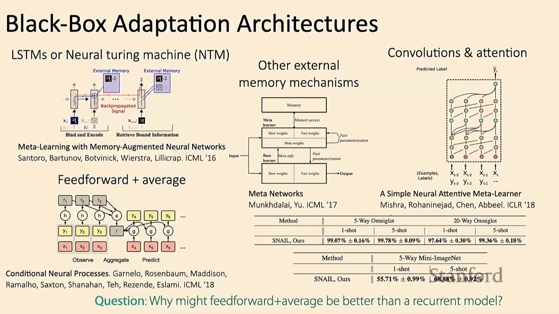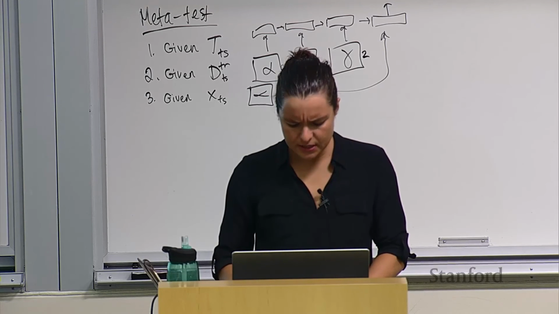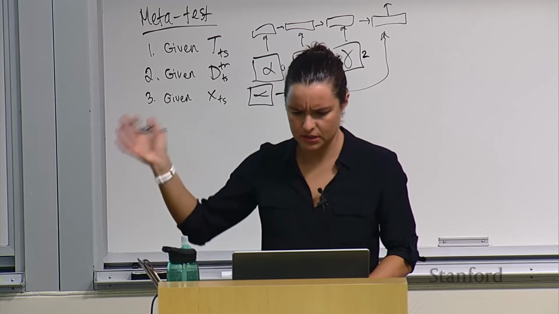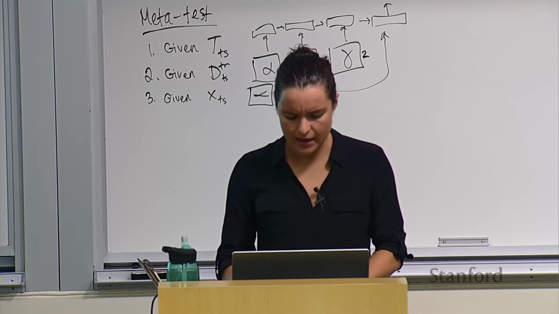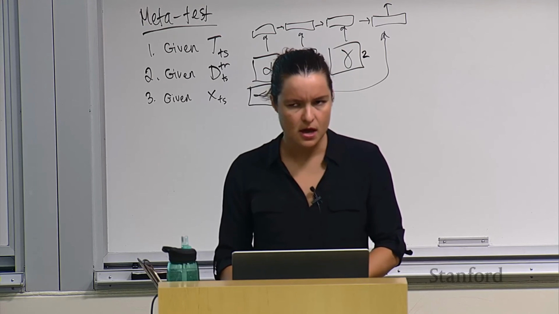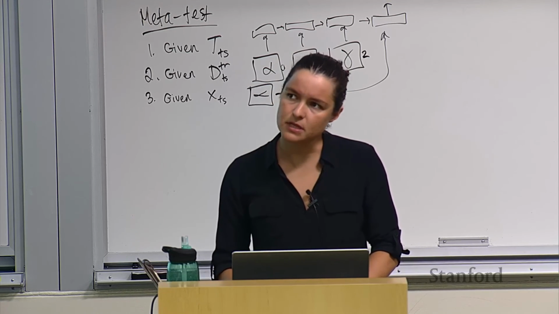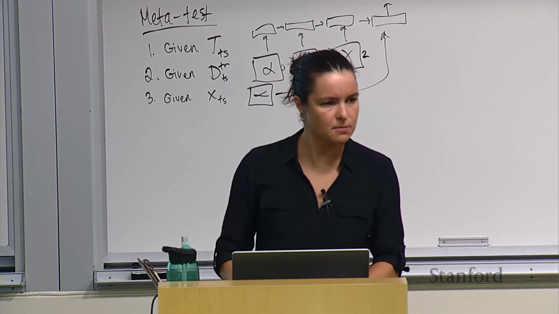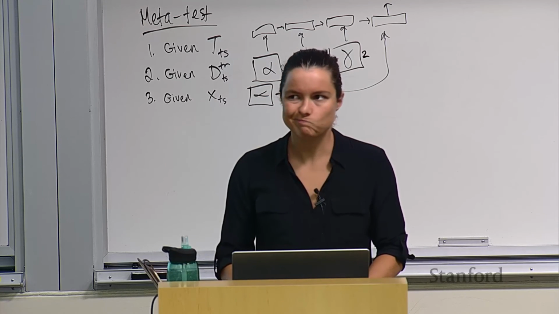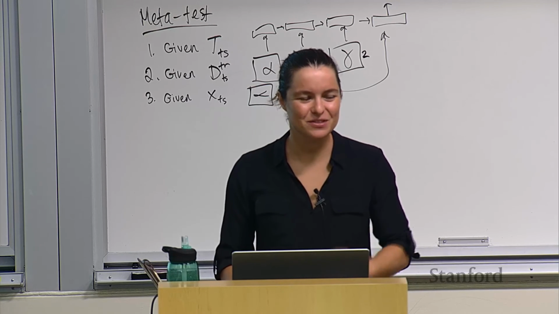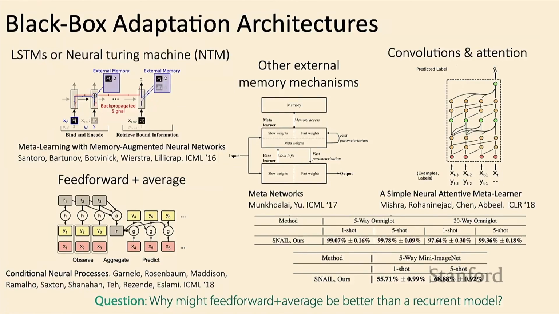Why are external memory systems being used for meta-learning? How do they help? I certainly don't think that things like neural Turing machines and these other external memory mechanisms are necessarily needed, and I wouldn't necessarily recommend them. I think they're possibly interesting from a neuroscience standpoint, although I'm not a neuroscientist, so maybe I shouldn't talk about this, but there are aspects of the brain that store memories.